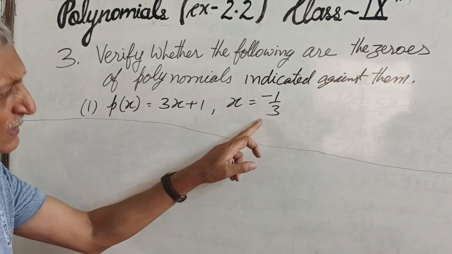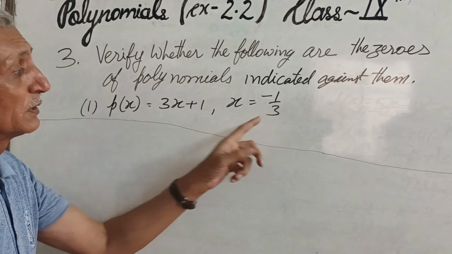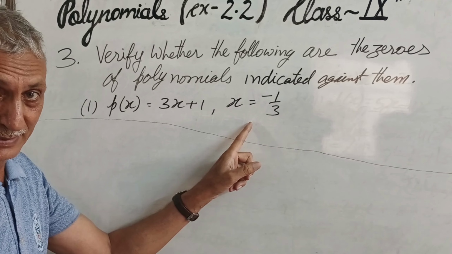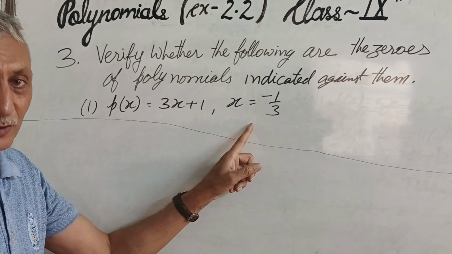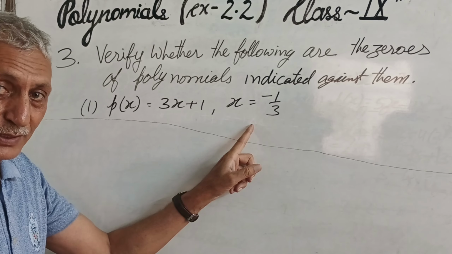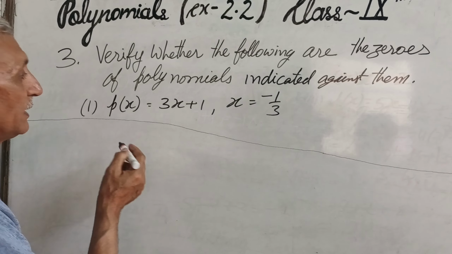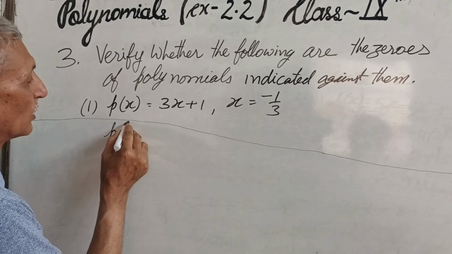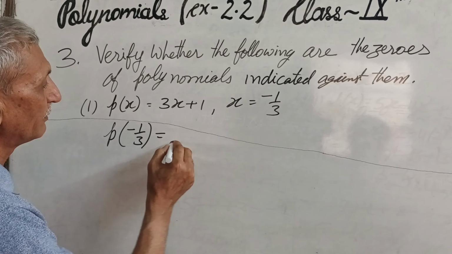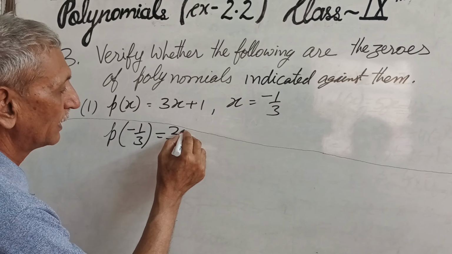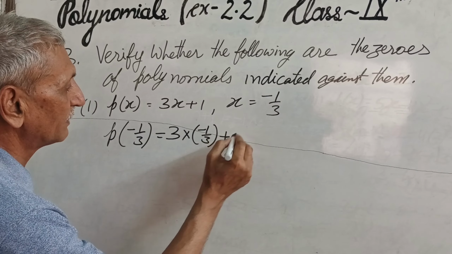For this to be the zero of the given polynomial, we have to put this value instead of x, and if we get 0, then it is a zero of the polynomial. If you don't get 0, then it is not a zero of the polynomial, right? So let's put it. The polynomial at minus 1 upon 3 will give you 3 into minus 1 upon 3 plus 1.